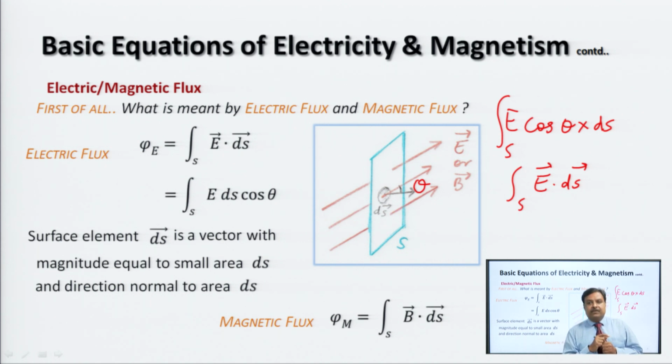So, mathematically electric flux can be evaluated by evaluating this integral, surface integral E dot ds. Similarly, if we consider a surface S in the magnetic field, then we can evaluate magnetic flux as surface integral B dot ds.